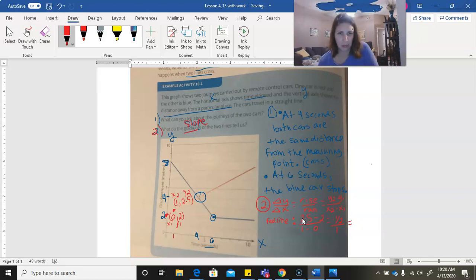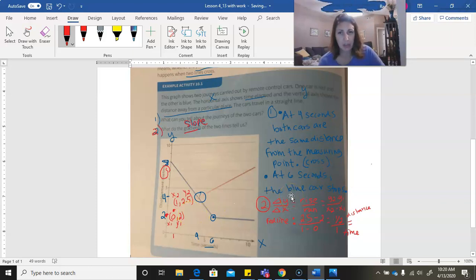But remember, your y represented your distance, and your x represented time. So in words, for every second, your distance is changing 1/2 a meter. As each second goes by, your distance is changing 1/2 a meter. That's the gradient, or the slope, of the red line.